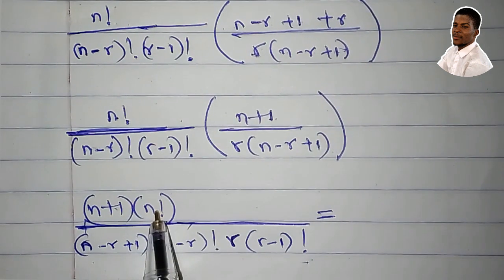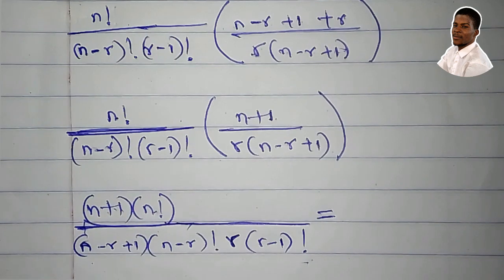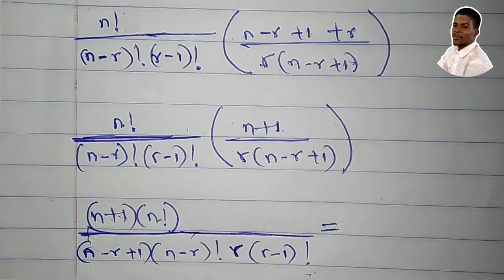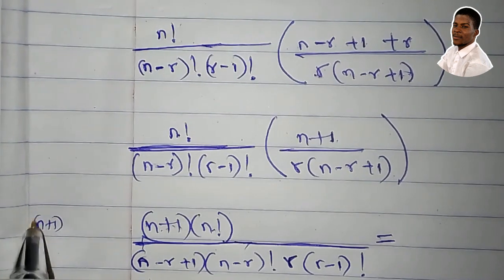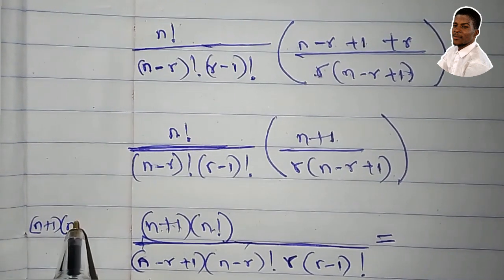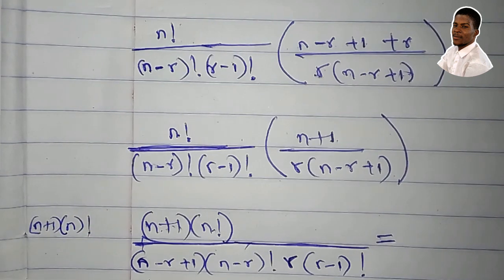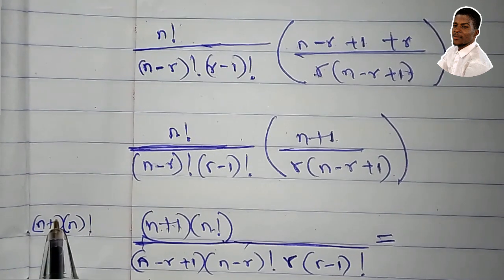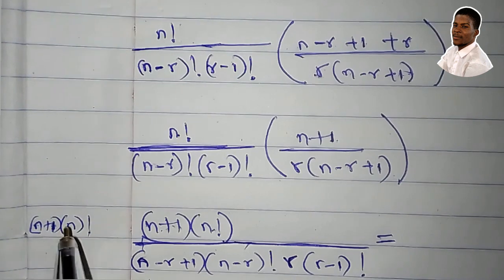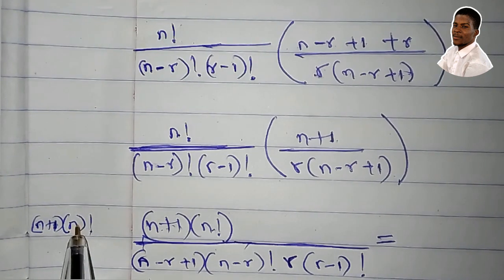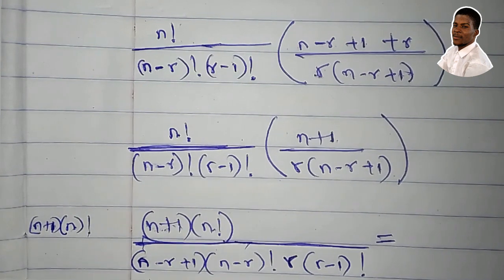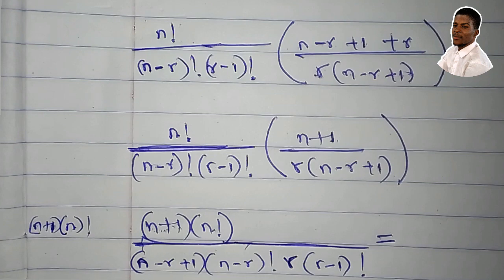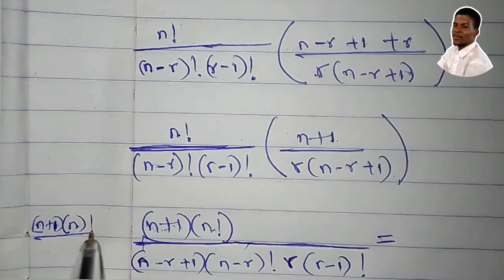n factorial is a factor of n plus 1 factorial. So what I'm saying is this. n plus 1 factorial is n plus 1 times n factorial. That is, subtract 1 from this n plus 1 to get the next one. That will be n. So actually, n plus 1 factorial, what we have here is just n plus 1. But I am saying that n plus 1 factorial is equal to this.